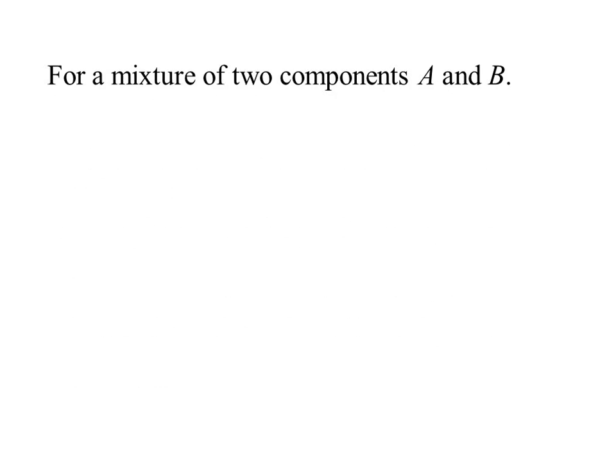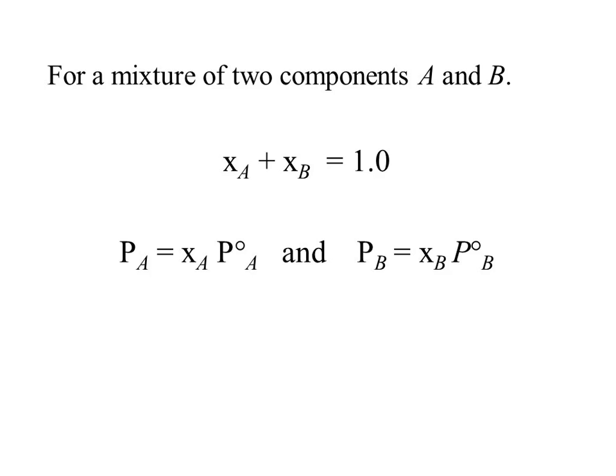So let's look at a thought example. Let's just say you have two substances thrown together, a mixture. If you were to tell me the total mole fractions, they equal 1. Okay, that makes sense. Well, we can break out and look at the partial pressure of A and the partial pressure of B individually.